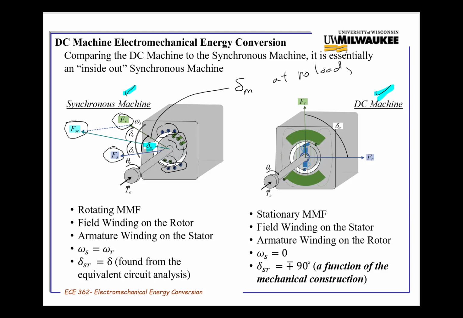The del R term, which is right here, is 0. And it will turn out that the del S will also be equal to the del R. So essentially you're going to have no angle.